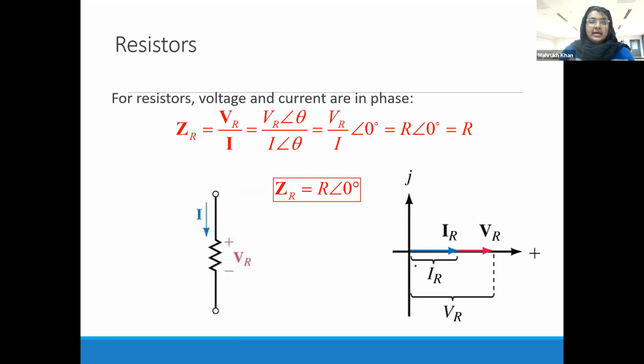Now in this case, again, for resistor, you can see that your angle is 0. I mean, you don't have any reactance part.